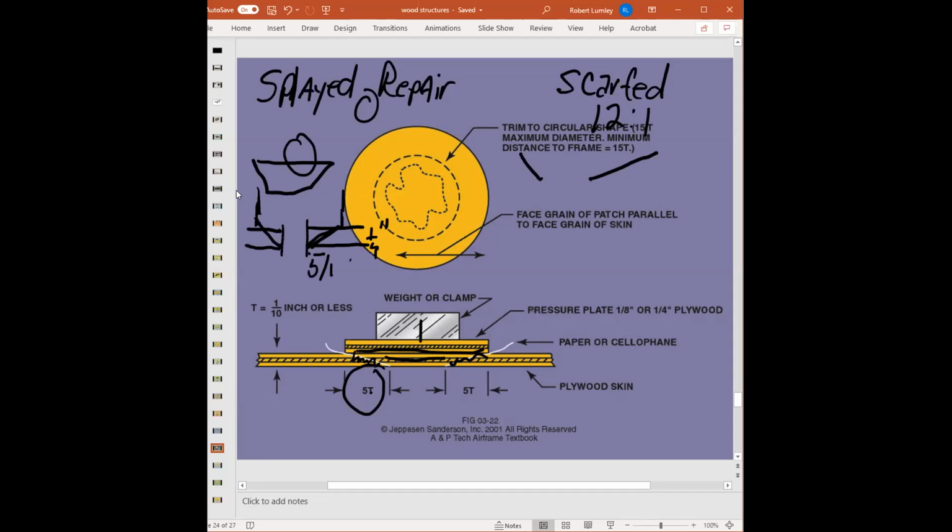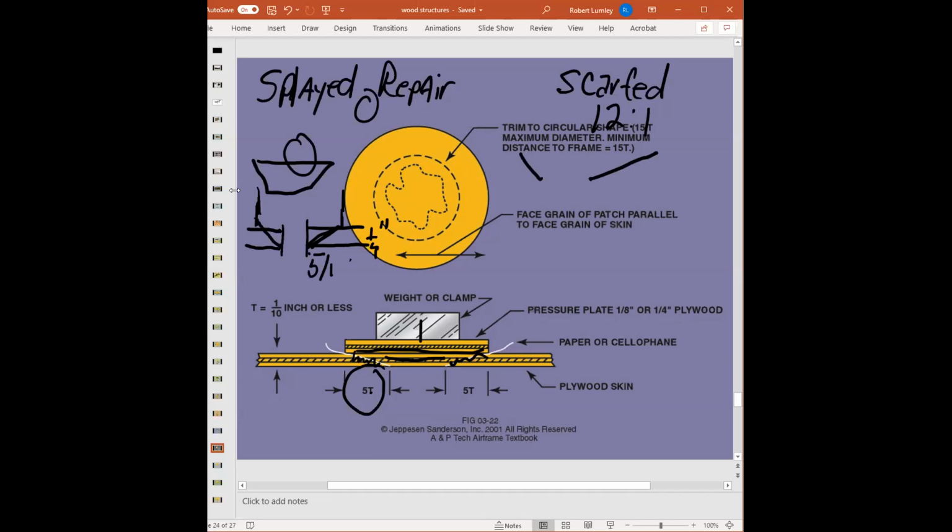When patching a plywood skin, abrupt changes in cross-sectional areas, which will develop dangerous stress concentrations, should be avoided by, well, what they're saying is, when you make a repair, what shape should the repair be? As we know from sheet metal, we like to use round or elliptical patches. So circular or elliptical patches is the right answer.